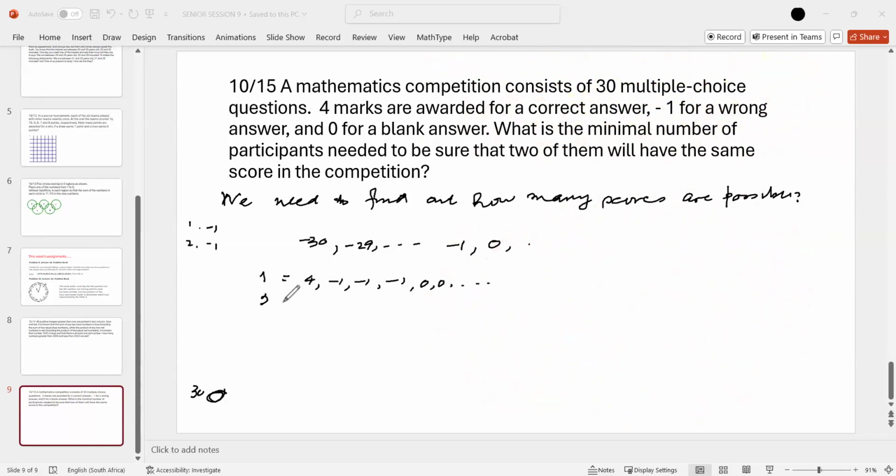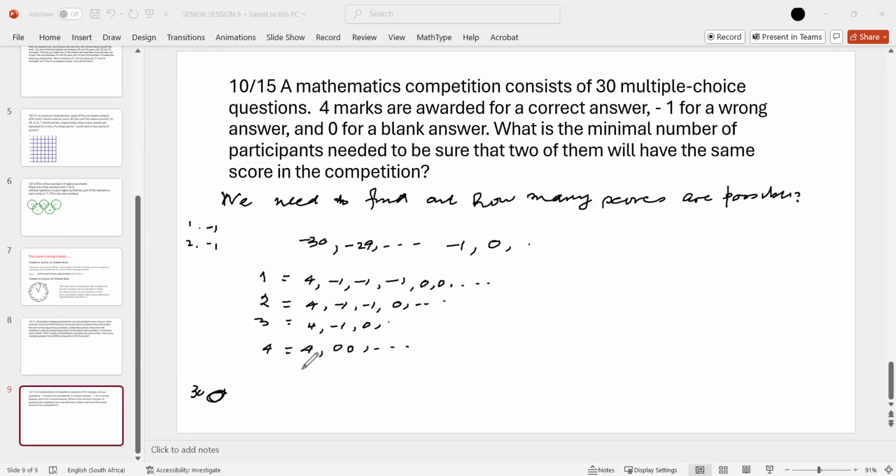Or you could have 2: 4, -1, -1, and all the others 0. Or you could have 3: 4, -1, all zeros. And 4, when you have 1 correct one and all the others 0. So a lot depends on how many negative ones you're going to choose.